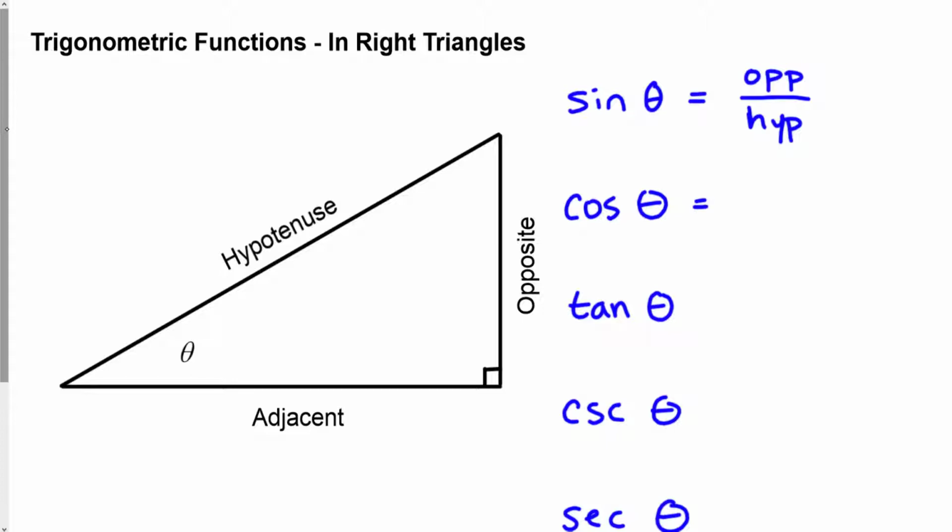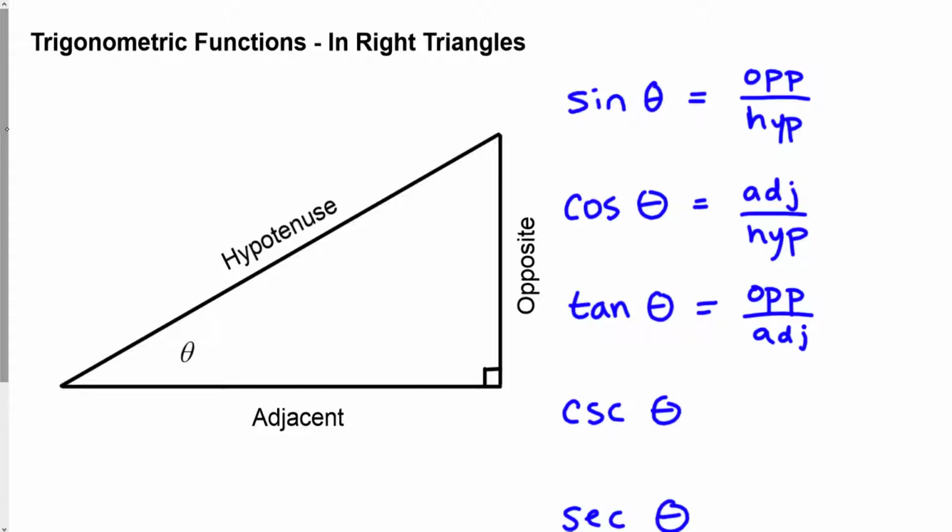Cosine is defined as the adjacent side divided by the hypotenuse. So that's why it's so important to be able to determine what the opposite side of your observed angle is and what the adjacent side is and what the hypotenuse of the right triangle is. That's how you define these trig functions. Tangent is defined as opposite over adjacent.